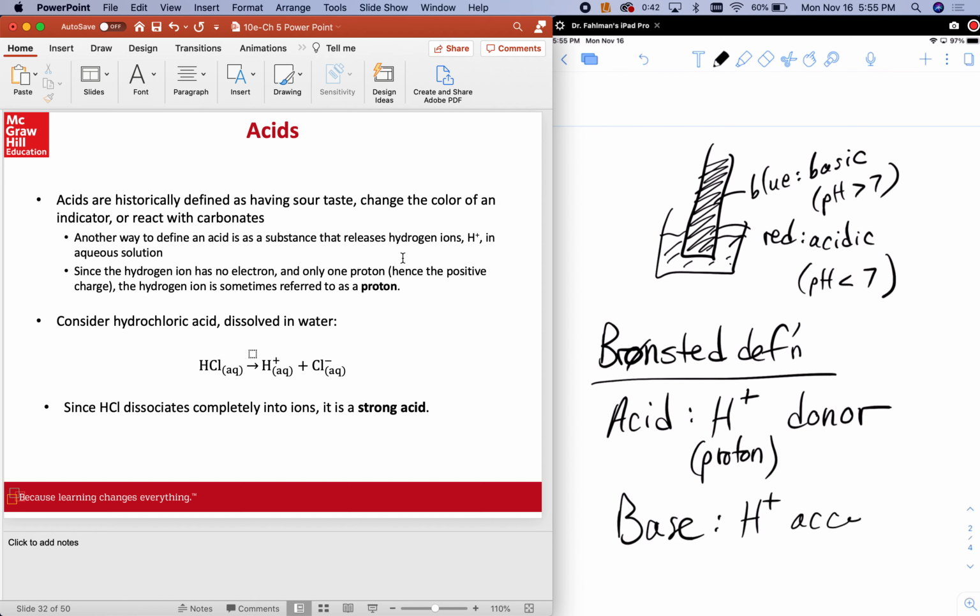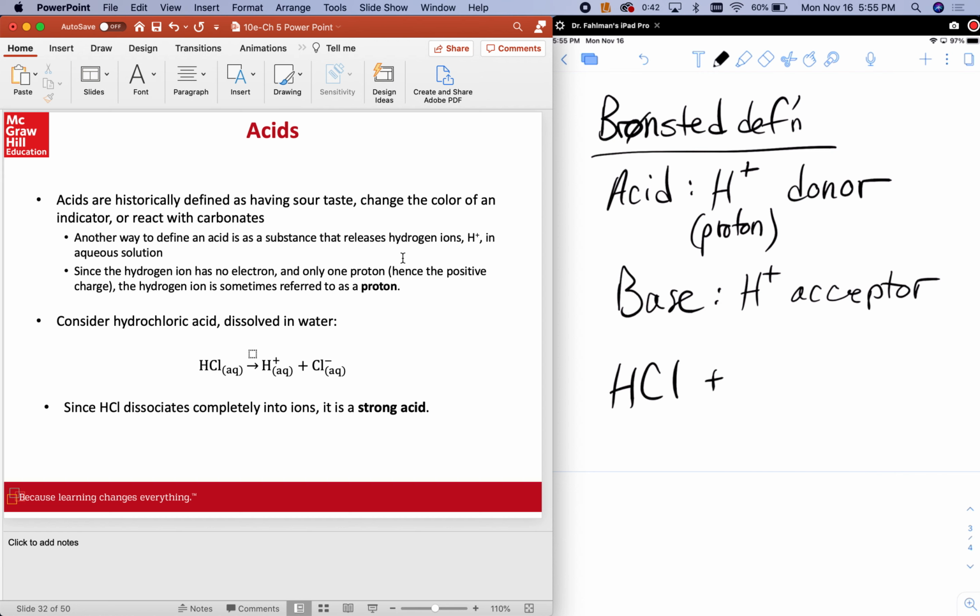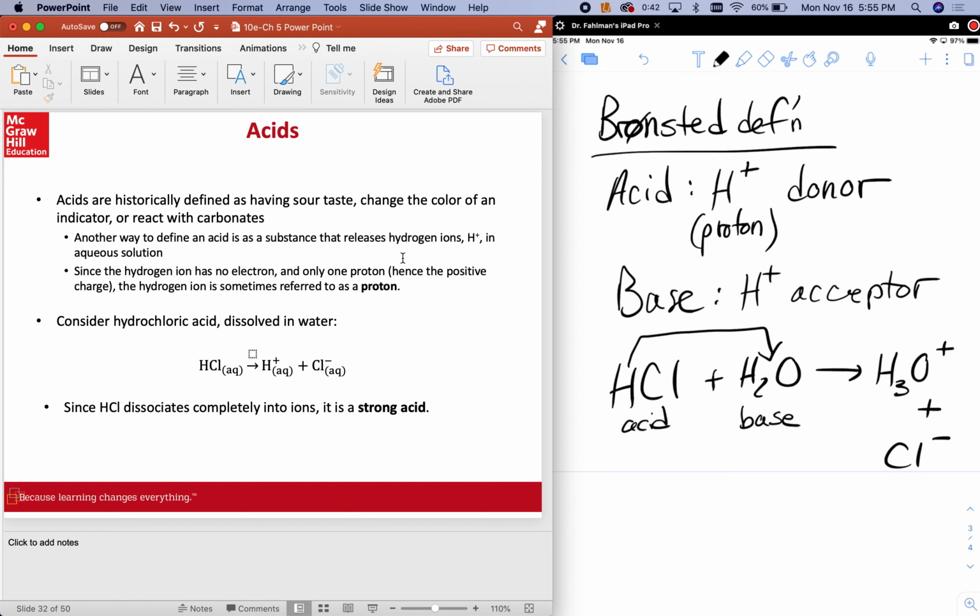So if you have this reaction, we would say that this is the acid, because it is donating a proton to the base, which accepts the H+. Now this has picked up that proton, and then this is left over because you've lost that proton.